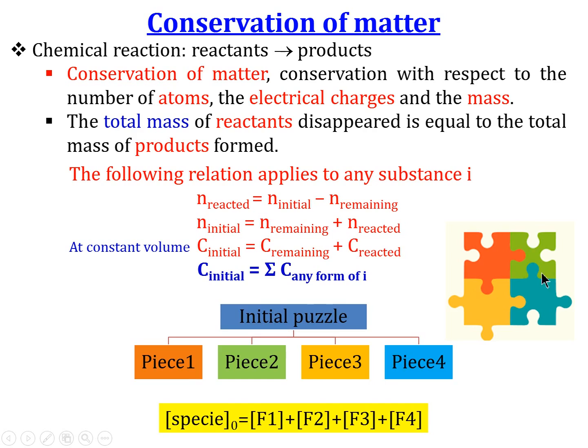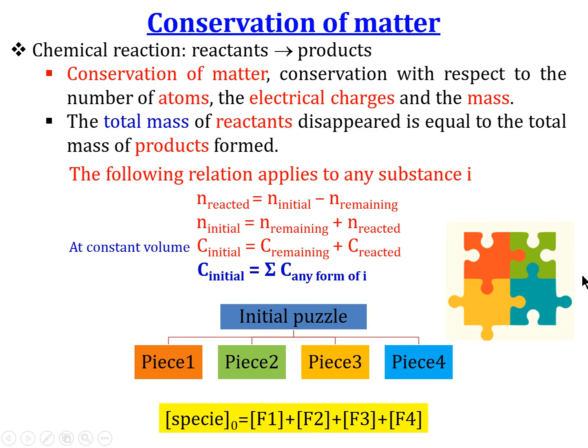Consider this example of a puzzle formed of 4 pieces. If we separate the puzzle into 4 pieces, the initial puzzle is equal to piece 1 plus piece 2 plus piece 3 plus piece 4.